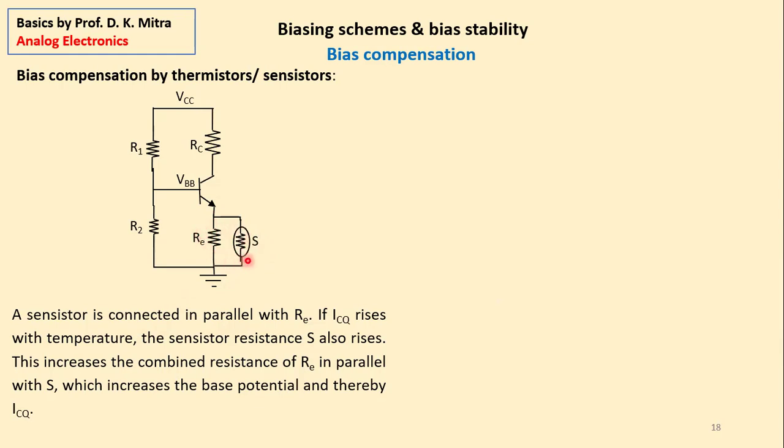If this combined resistance rises, then the current multiplied by the combined resistance rises the potential here. If it rises the potential here, then obviously the base current flowing in this line will drop. So if collector current tries to increase, it will be compensated by the drop in the base current.